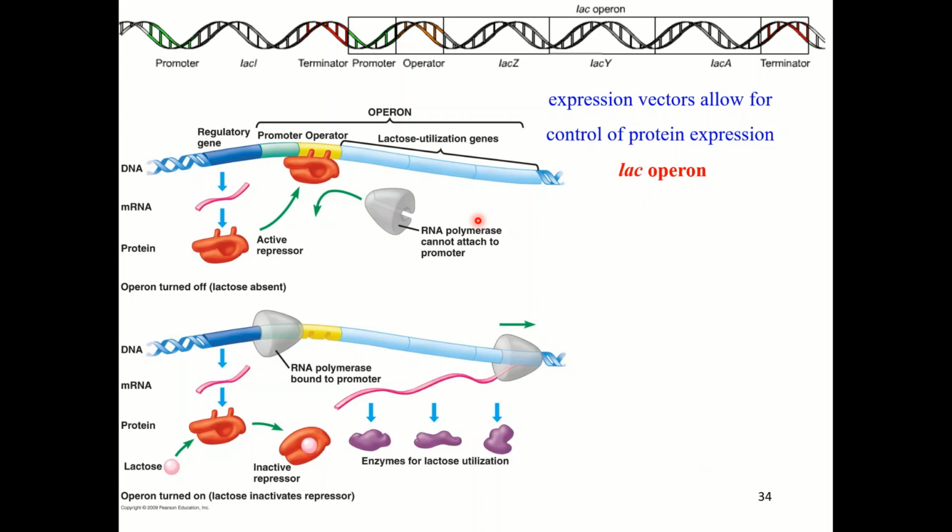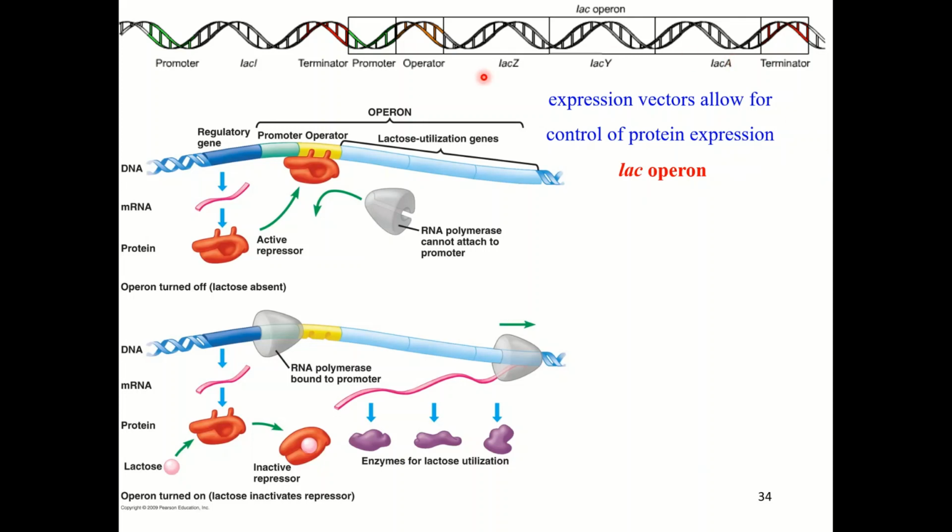They wouldn't be growing very fast, so you wouldn't get a lot of cell growth, and ultimately you wouldn't get a lot of protein produced. So you want the cells to first focus on growing and dividing, making lots of cells. Then, when they've reached that exponential growth phase, you tell them to start making the protein.